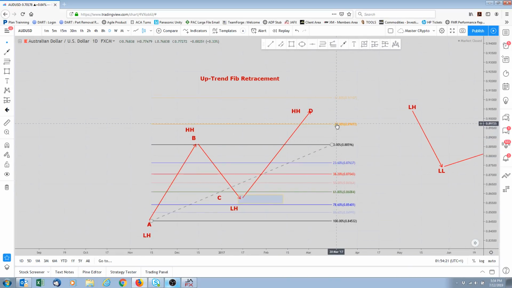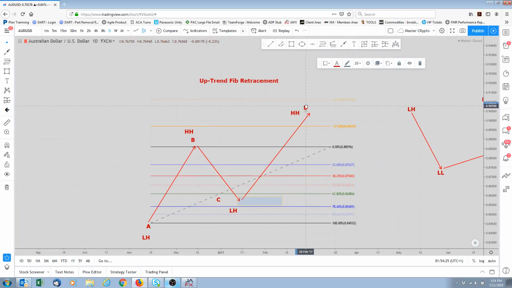Ideally, I like to take profit at negative 27%, and negative 61% is a little faded because sometimes trades go much further than this. This is target number 3. But what I've done in the past, and I've learned from my lessons, is that you really need to start taking profit.